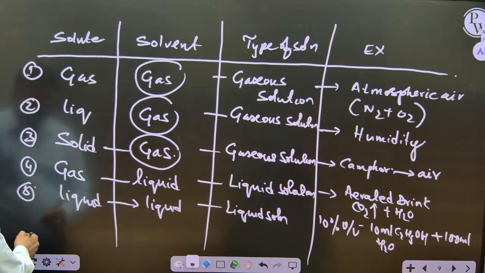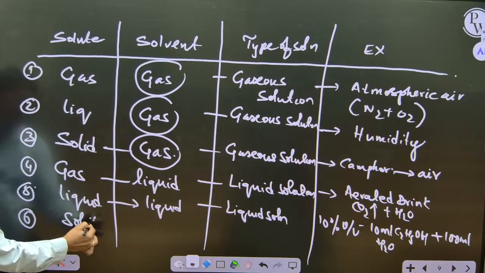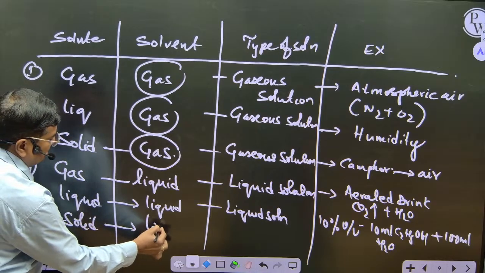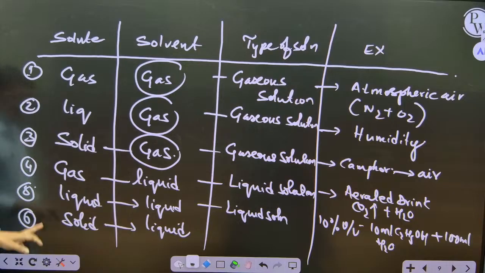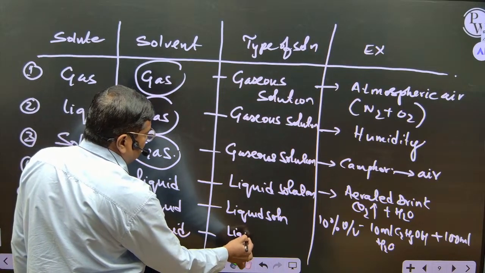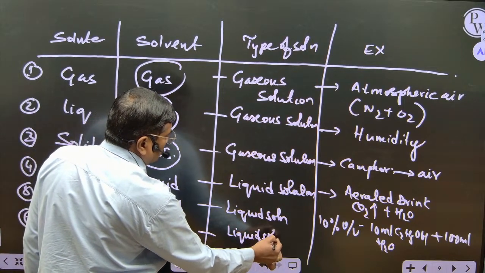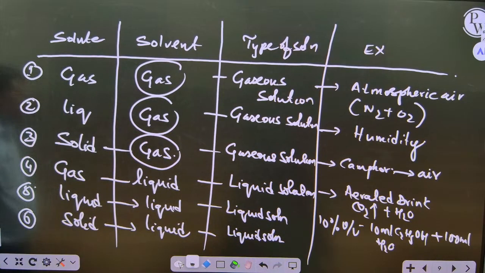Now coming to the sixth one, solid dissolved in liquid. Solid in liquid. Now see, solid dissolved in liquid. Since liquid is more amount, what we call? This one also liquid solution we call. Copy that. Solid dissolved in liquid. Example, we can take amalgam.